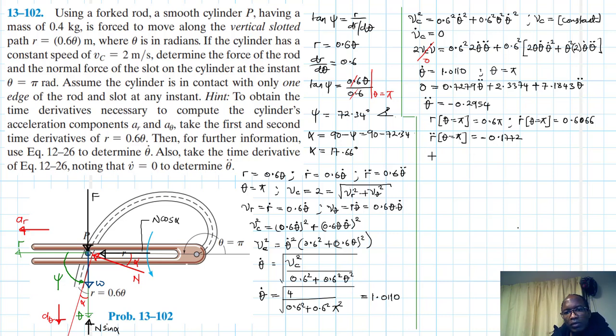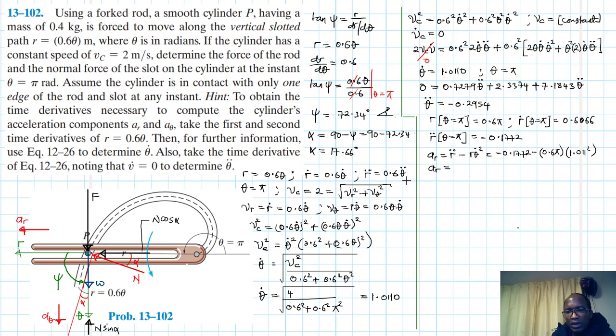And then with this information, we can now simply say our AR is just equal to R double dot minus R theta dot squared, and this is equal to minus 0.1772 minus R, which is 0.6 pi, and then theta dot, which is 1.011 squared.